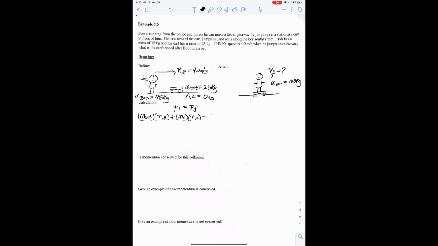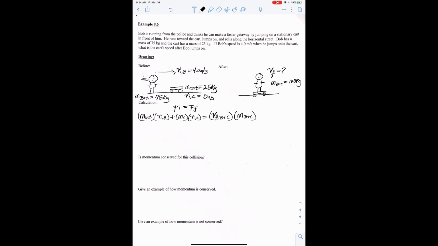And we're going to say is equal to VF Bob plus the cart, which we want to know, times the mass of Bob plus the cart. I noticed I did this one in the wrong order, where I usually have mass first, but that really doesn't matter in multiplication, right? 2 times 3 is the same as 3 times 2.